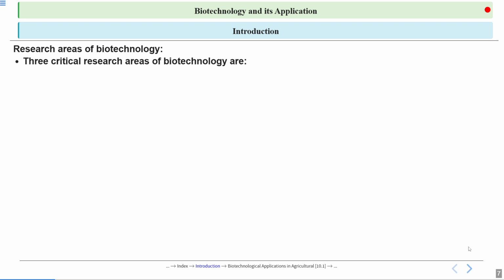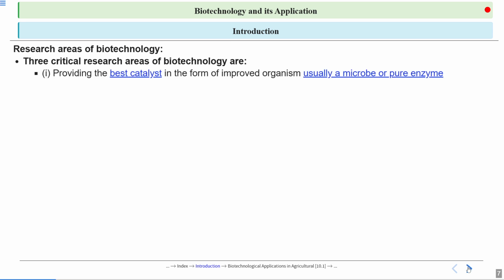So, what are the research areas of biotechnology? Three critical research areas of biotechnology are: first, providing the best catalyst in the form of an improved organism, usually a microbe, or a pure enzyme. So what actually is a catalyst? A catalyst is a substance used to make a chemical reaction faster.